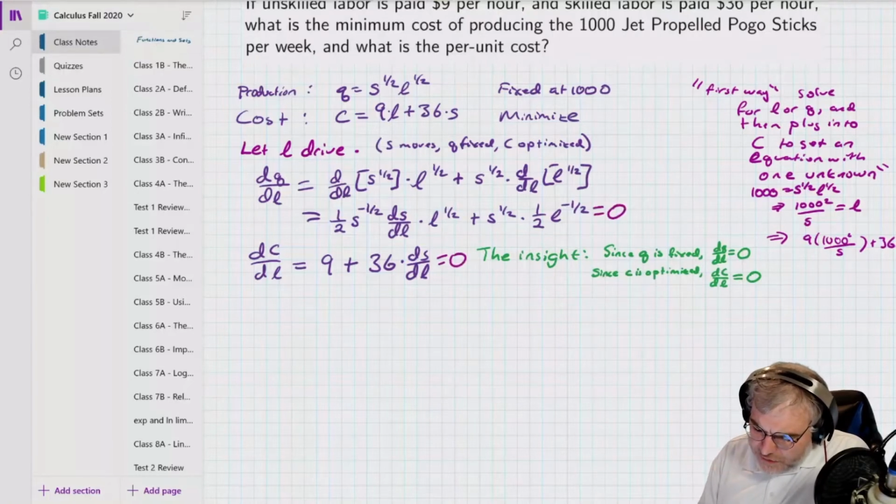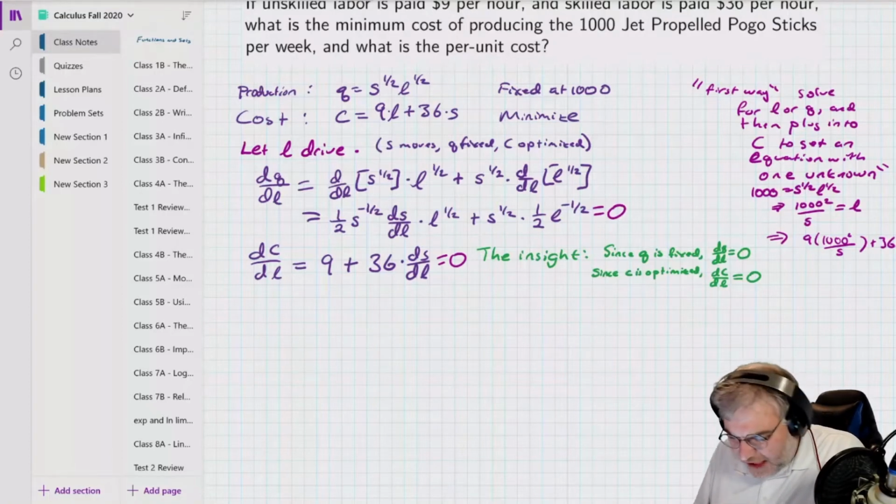And now what I'm going to do is pick one and solve for dS over dL. Okay, we can actually do it for both.